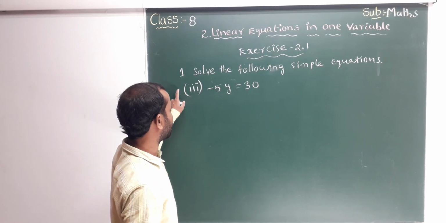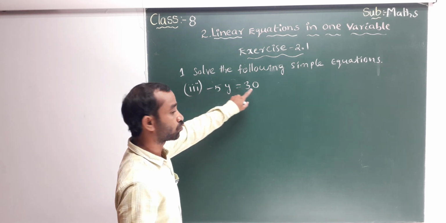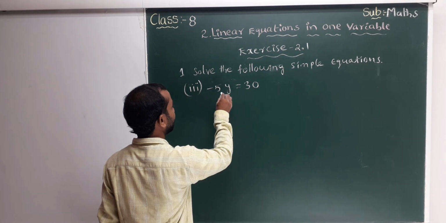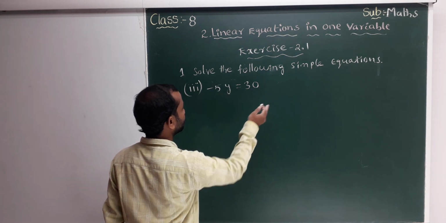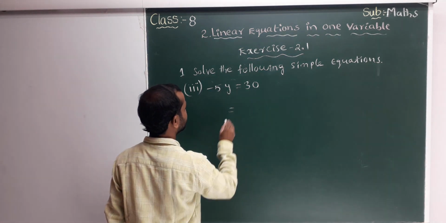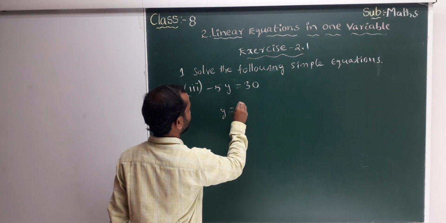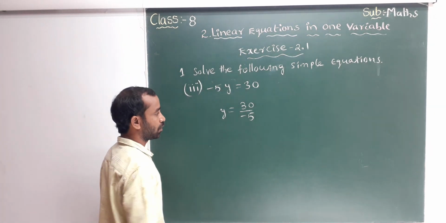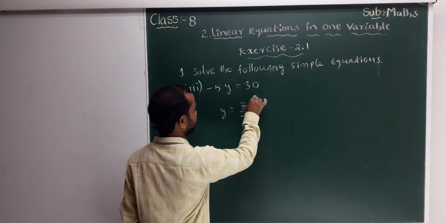Next, third problem, minus 5y equal to 30. Here also minus 5 is multiplied, and transposing to the right side it becomes division. So 30 divided by minus 5. 5 sixes are 30.